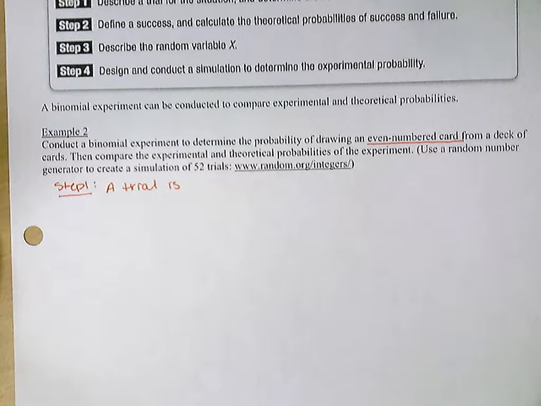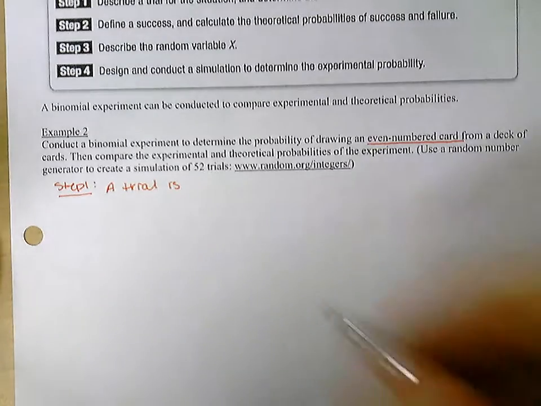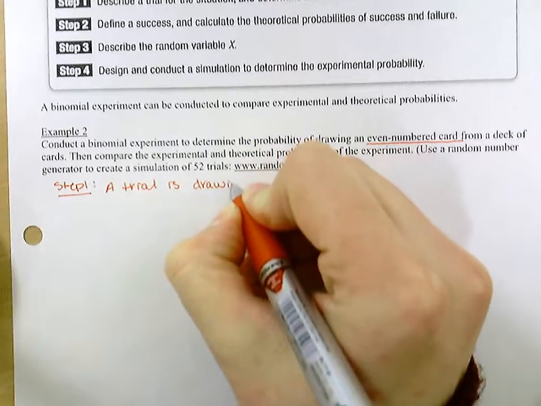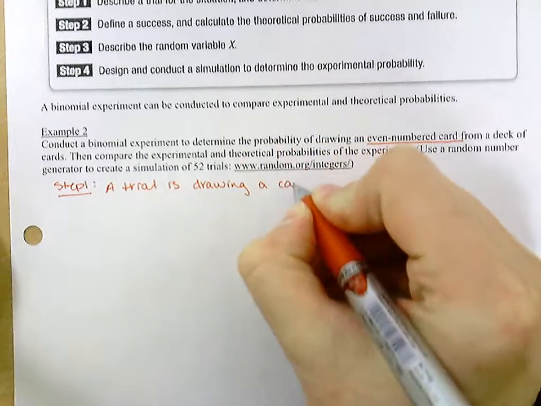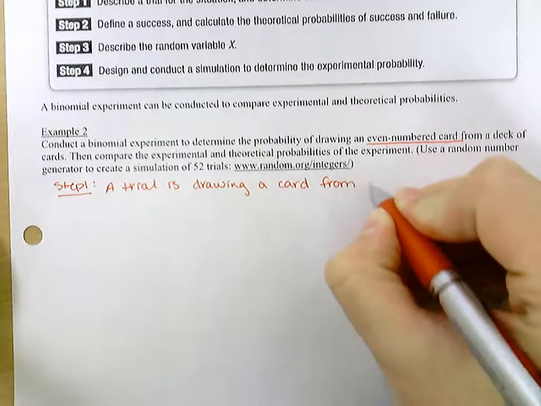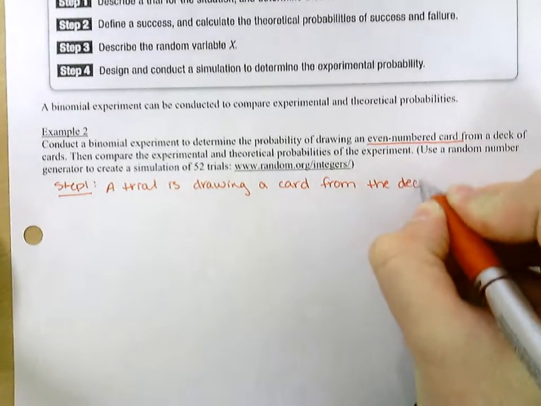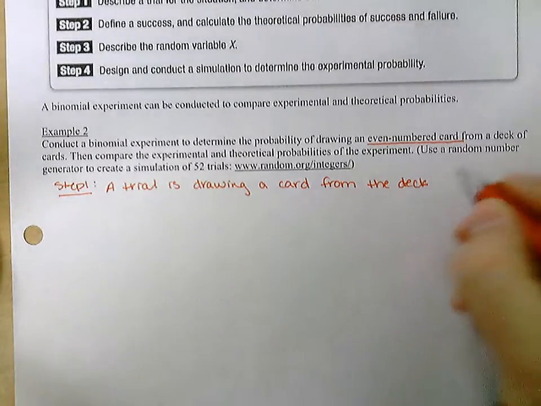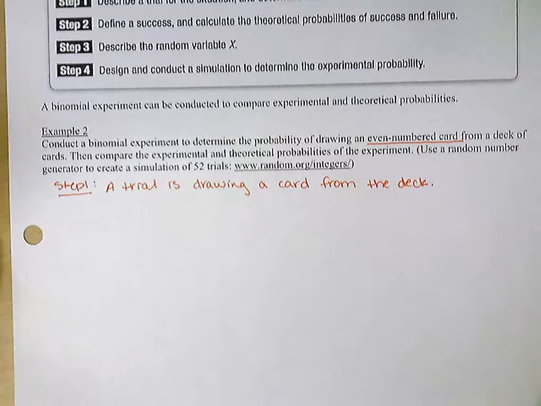Seeing what the probability is of drawing an even numbered card. Okay, so our trial is drawing a card from the deck. The second part to step 1 is to determine the number of trials to be conducted.